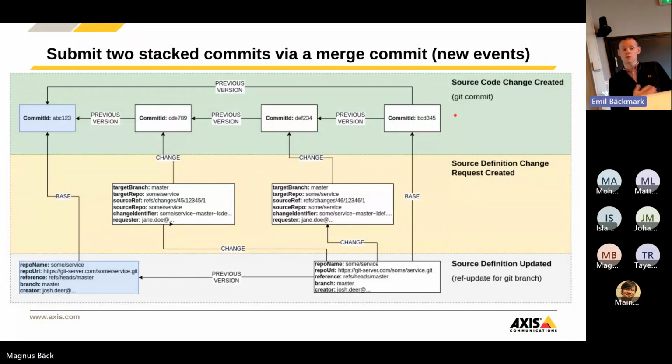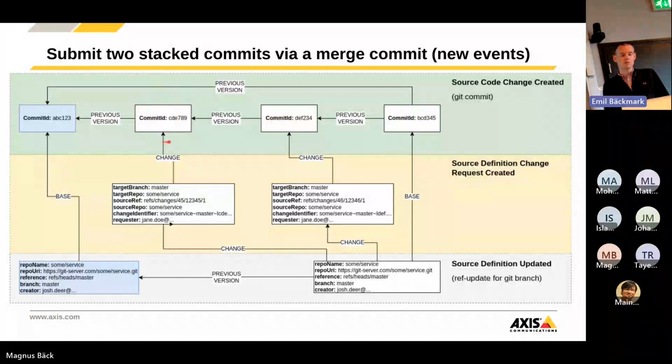The reason why it's left out is because the commit itself doesn't belong to a repository. So for example, if you create the CD 789 commit in your fork, and you then create a pull request and have that commit merged to the main fork, then you would have to send a new event, even though it's representing the exact same information.